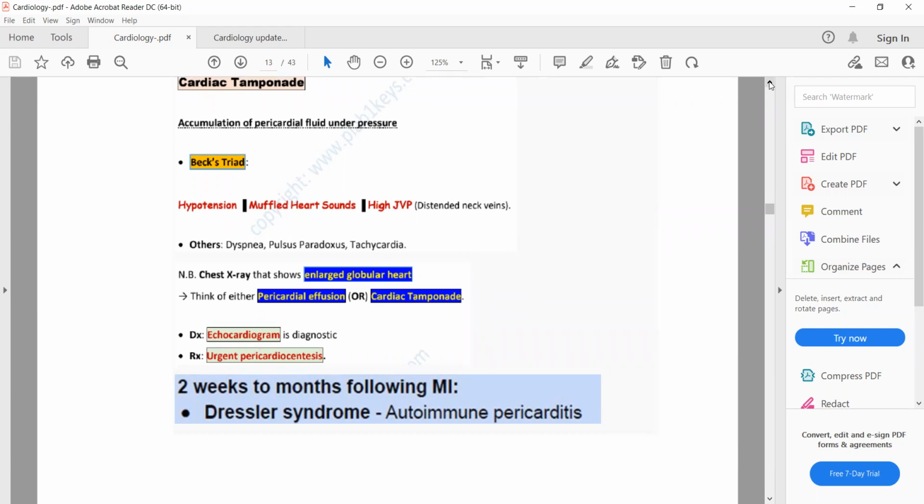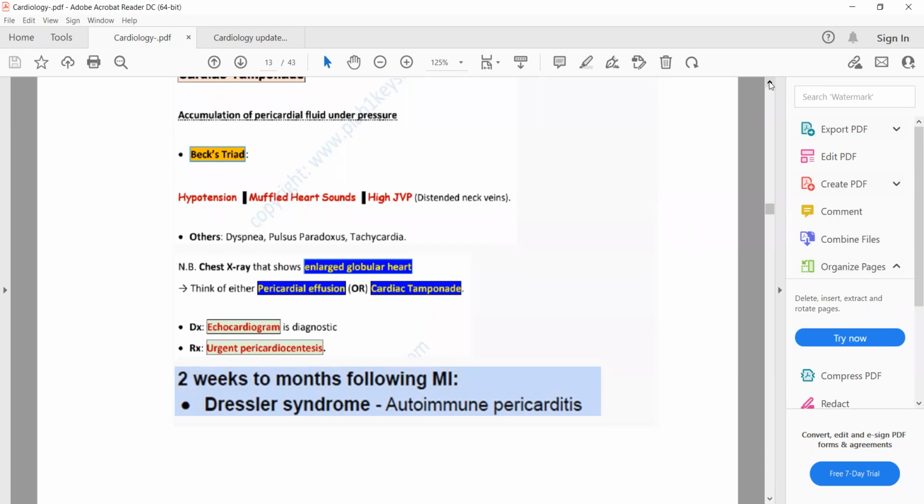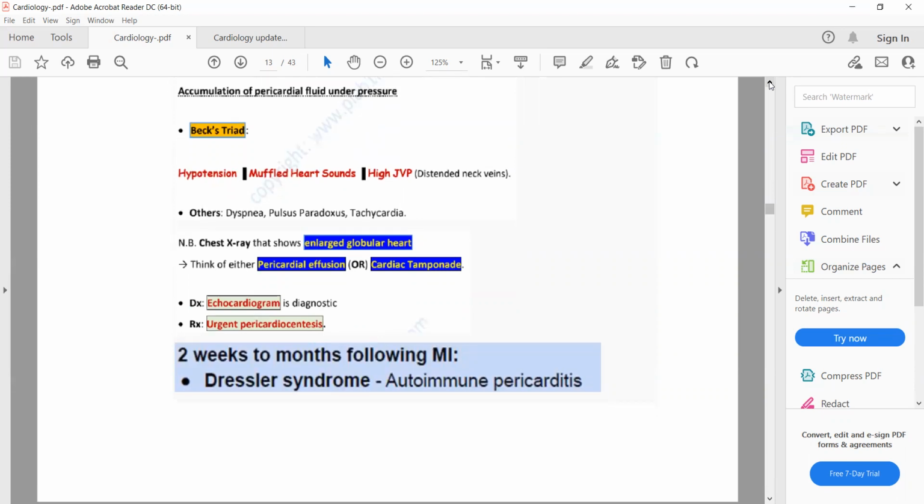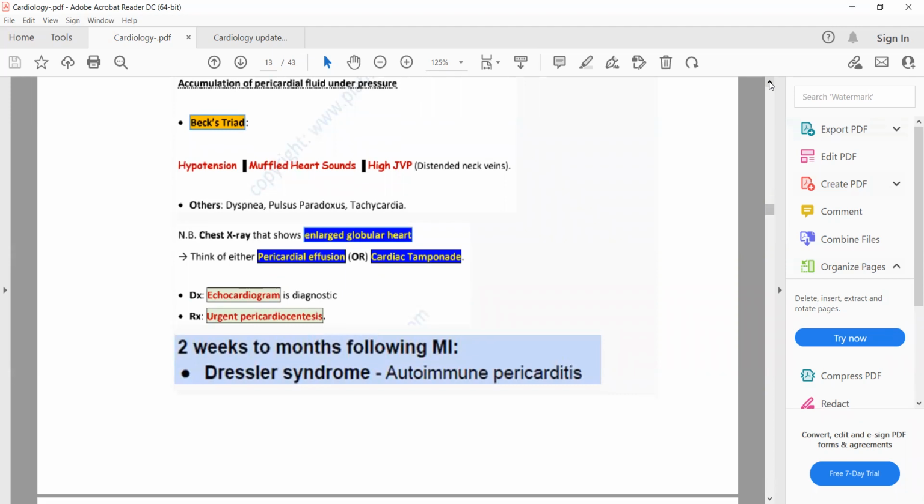For the diagnosis, Beck's triad should be present: hypotension, muffled heart sound, and distended neck veins or raised JVP. Other symptoms that can be present are dyspnea, pulsus paradoxus, and tachycardia. Chest X-ray will show an enlarged globular heart.